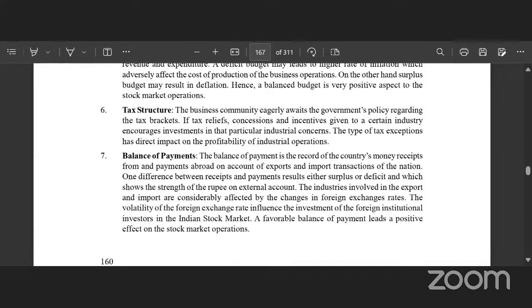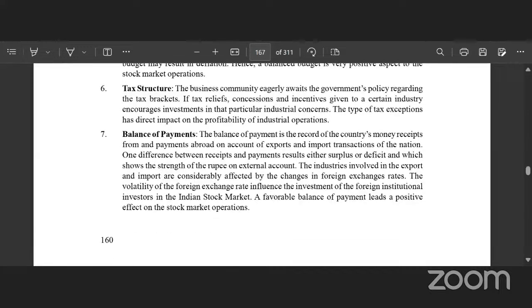Then balance of payments, right? The balance of payments is the record of the country's money receipts and payments abroad on account of exports and imports. We are a country which exports various goods, and we import especially goods related to crude oil and all.